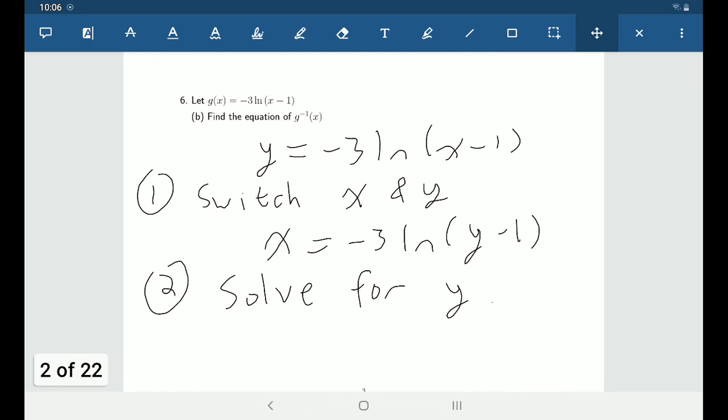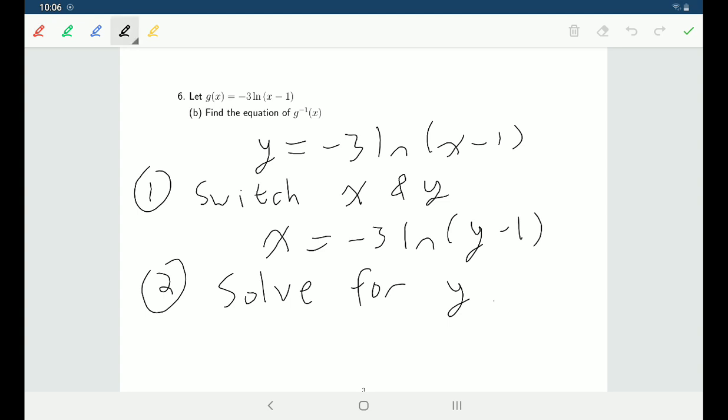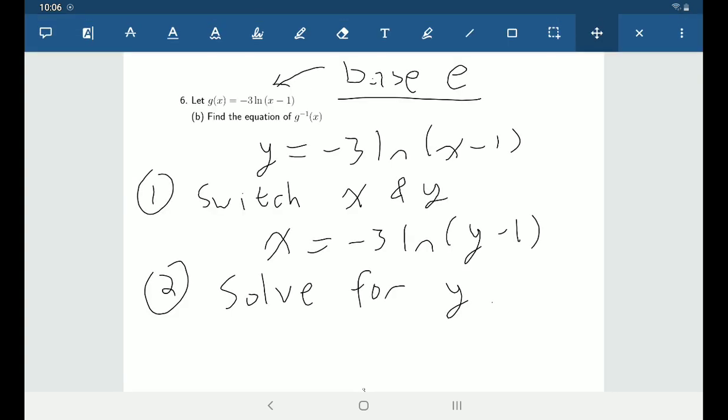Okay. 6, we want to find the equation of g inverse here, and here g is a logarithmic function. Specifically, it's a natural logarithm. And remember, natural logarithm, that means we have a base of e. And that will come in handy in a few minutes.